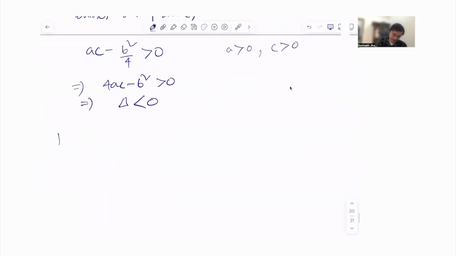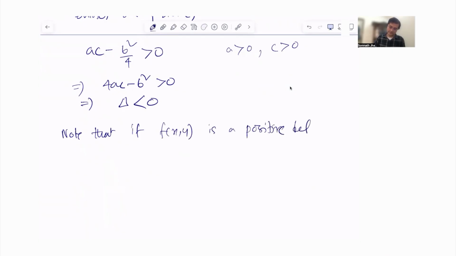And for that definition, note that if f(x,y) is a positive definite form, I will just write binary quadratic form, so I'll just use the word form.